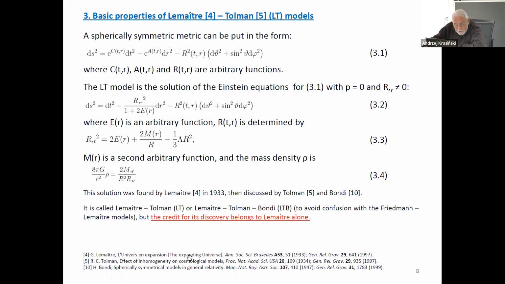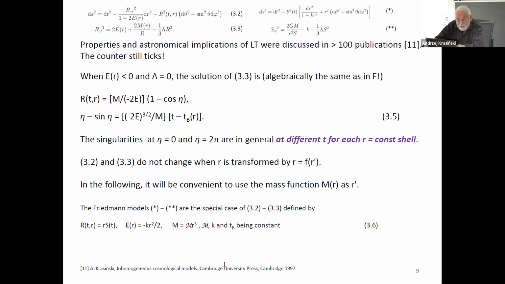Well, the bad luck of Lemaitre was that he used to publish his papers in a journal that nobody ever reads. So this paper remained unnoticed for a long time. Tolman knew about Lemaitre and he published his paper in a more famous journal. So that's why for quite a long time, the solution was called Tolman model, but this was a great injustice done to Lemaitre.